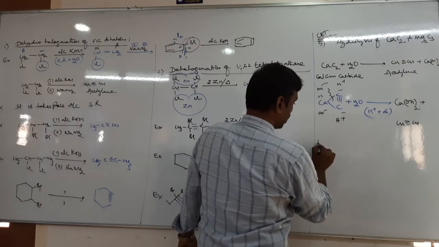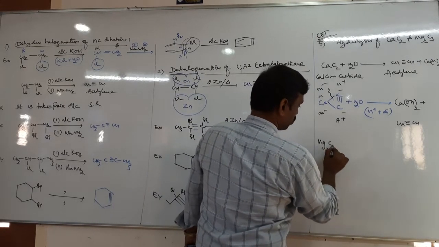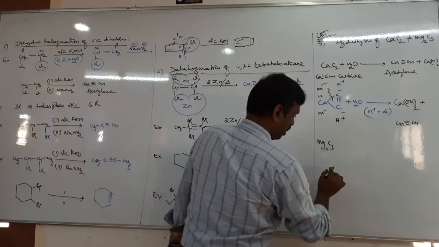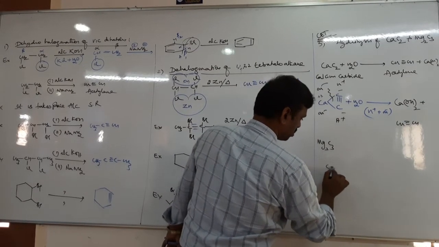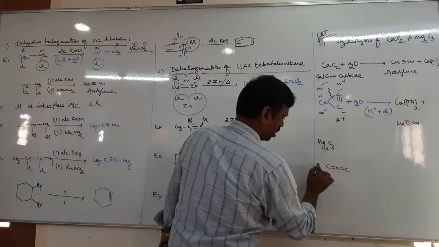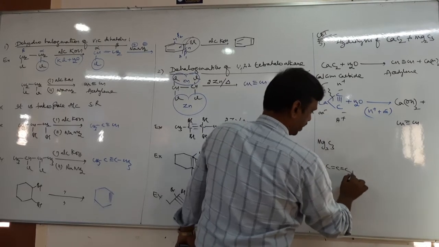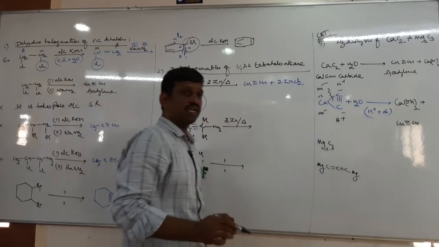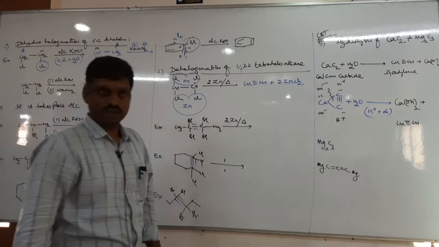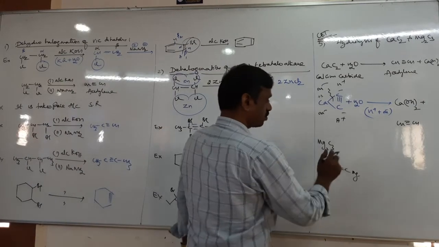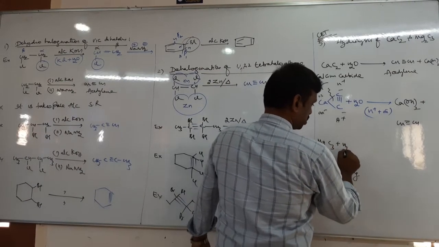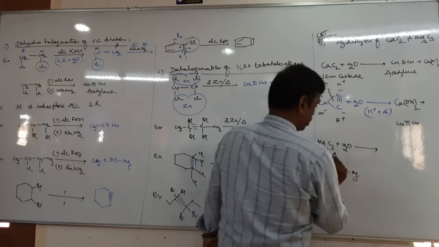Next, magnesium carbide, it is Mg2C3. There are 3 carbon, 2 magnesium. This is not a cyclic carbide, which reacts with water. You see 3 carbon.